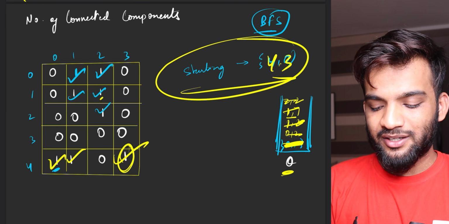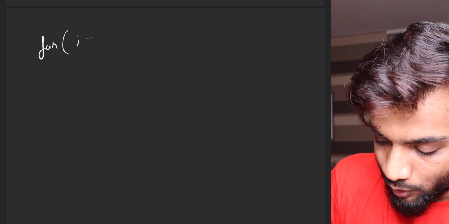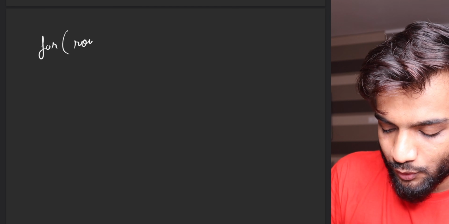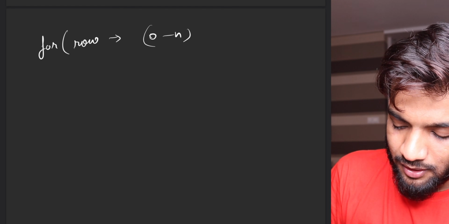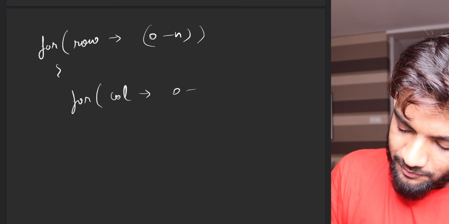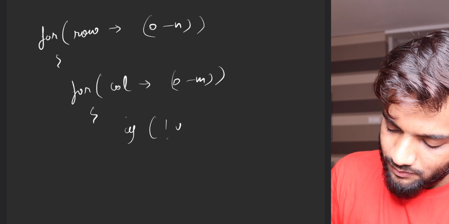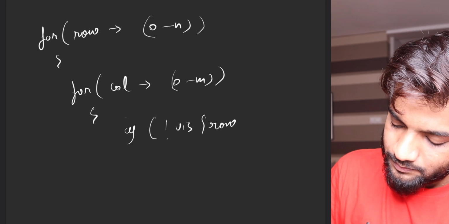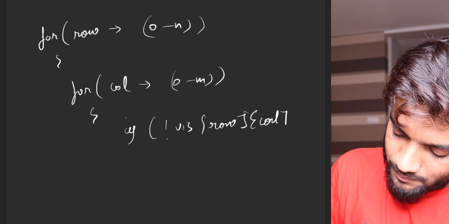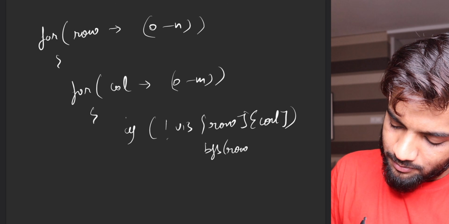So if I tell you the pseudo code, now that you know the BFS traversal is kind of simple, it's going to be something like: for the row number, row goes from 0 to n, and then the column number goes from 0 to m. And what you say is, if not visited, row and column, you call the BFS with those row and column.